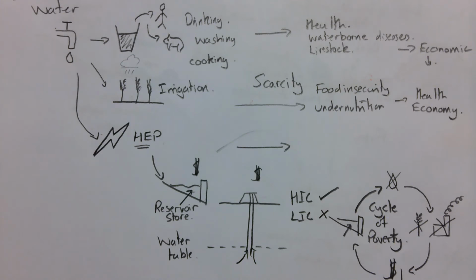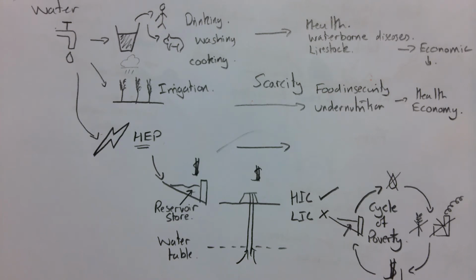If we don't have enough water, what is the problem in terms of not being able to irrigate our crops? Good. It means that there will be food insecurity and undernutrition, which we know has health and economic impacts.